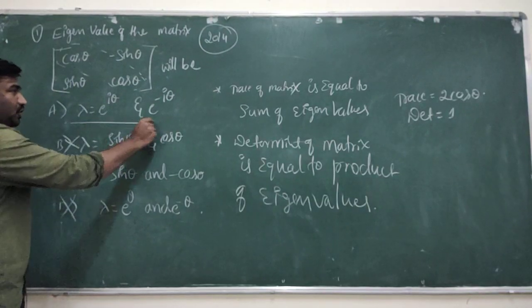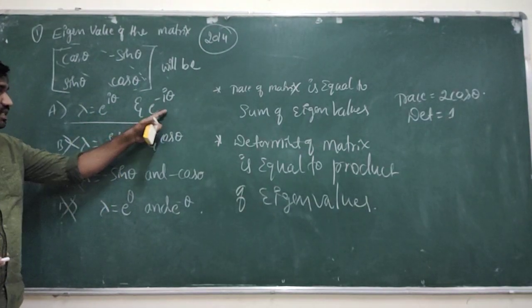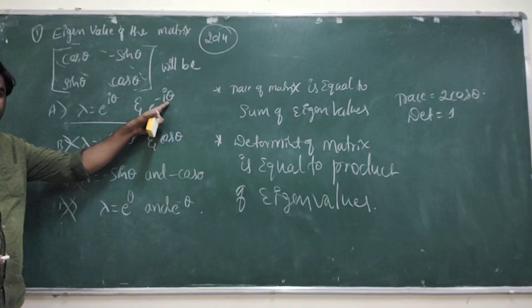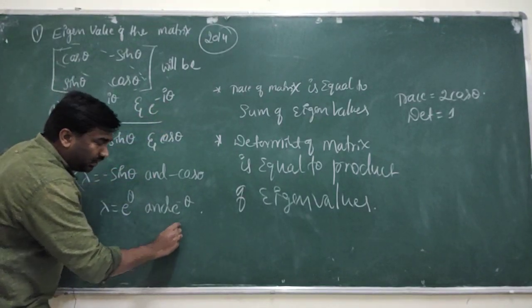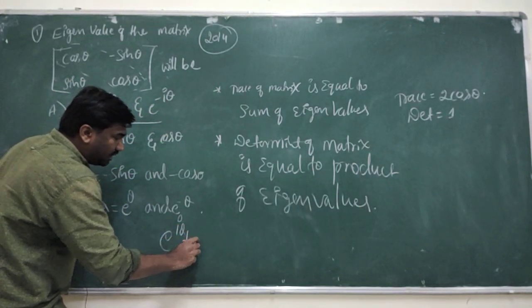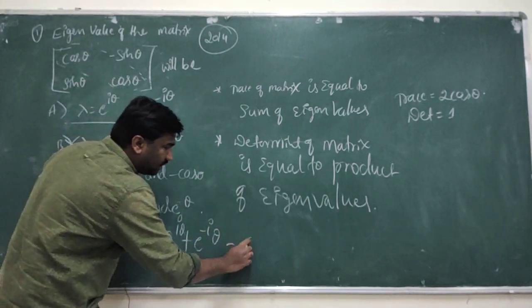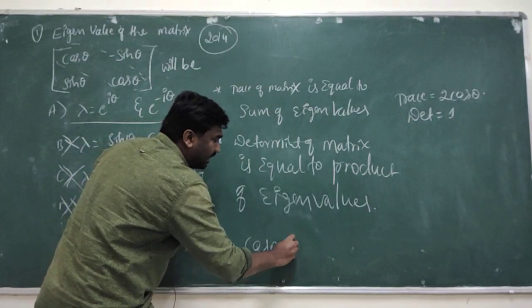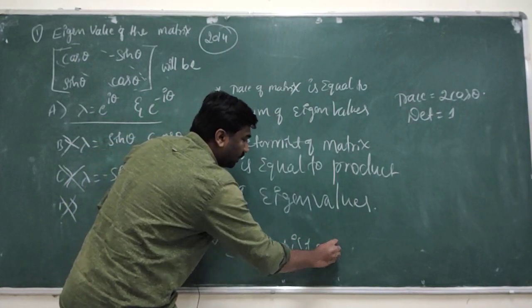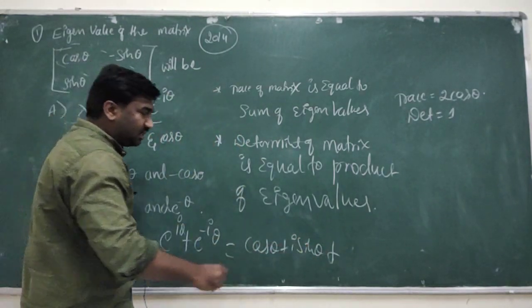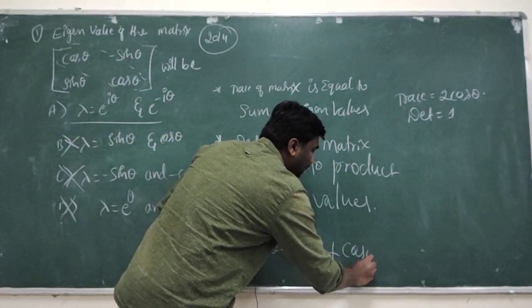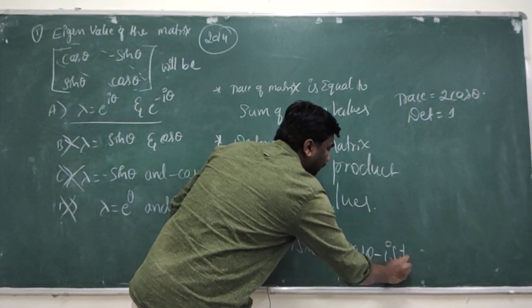Let's verify option number 1. If we add e power i theta plus e power minus i theta, e power i theta means cos theta plus i sin theta, and e power minus i theta means cos theta minus i sin theta.